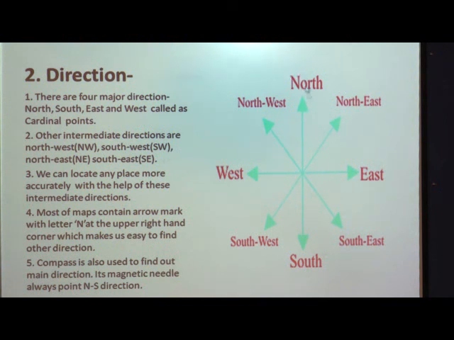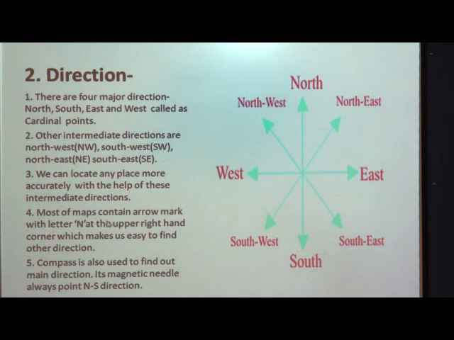So we can locate any place more accurately with the help of these intermediate directions.